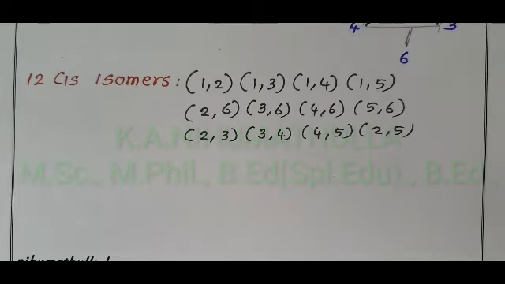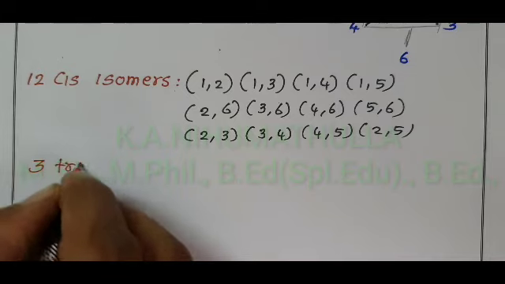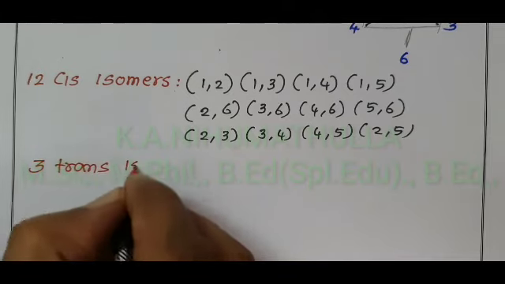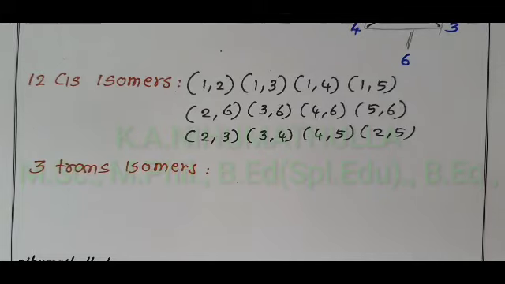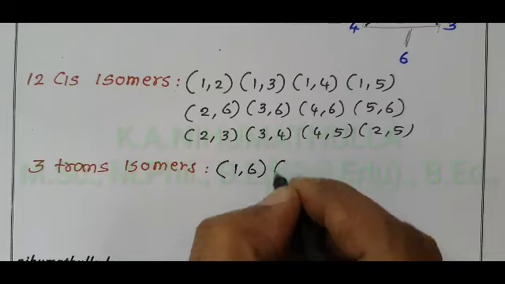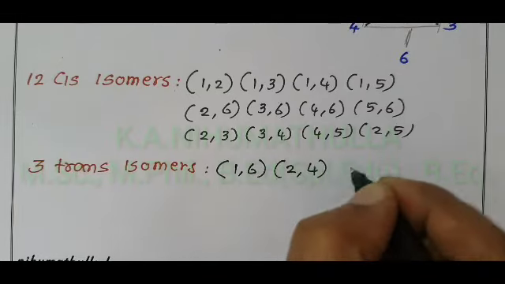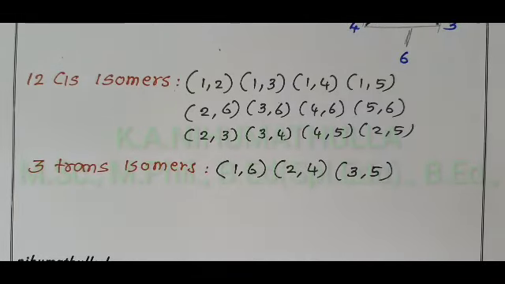We have 3 trans isomers: 1,6; 2,4; 3,5. These are the 3 trans positions in octahedral complexes.